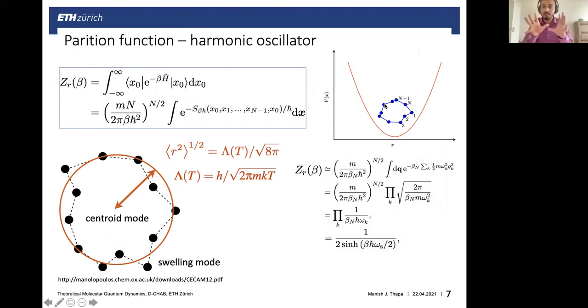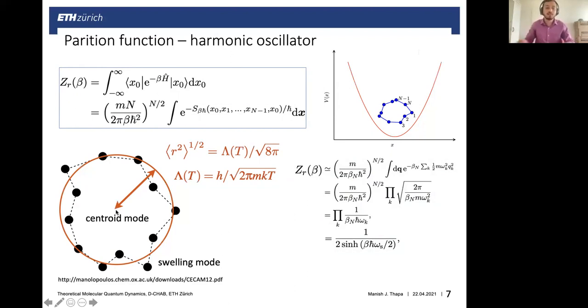We can also call them ring polymer beads or path integral beads, and as I told you, they are connected by harmonic springs. Furthermore, it is moving in some potential energy surface. Since the Hamiltonian is at most quadratic in position, one can use a normal mode transformation to diagonalize this Hamiltonian. The first normal mode is the centroid of this ring polymer.